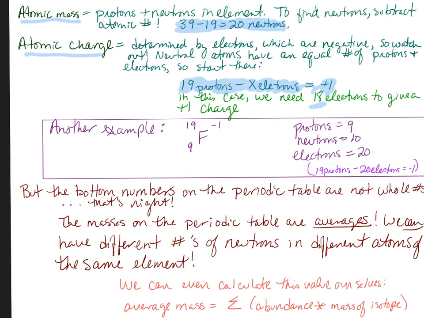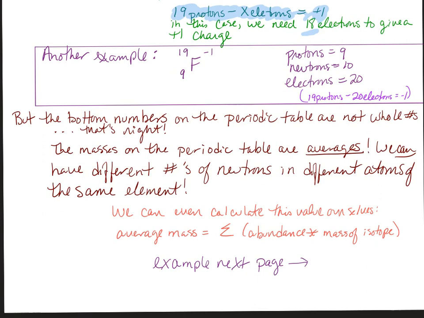Okay. Here's another example really quick. If you have fluorine with a -1 charge, here is our atomic mass, here is our atomic number. That would mean that there are 9 protons, as we see in the atomic number. 19 minus 9 gives us the number of neutrons.